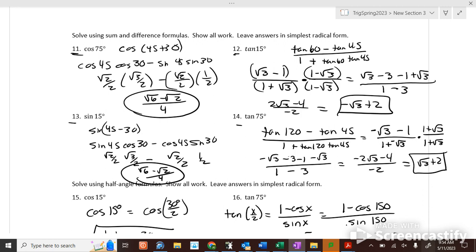Now, for the tangent of 15, instead of taking 45 minus 30, I suggest to take 60 minus 45. Why do I suggest to do 60s and 120s instead of 30s and 150s? Because at 30 degrees, the tangent of 30 is square root of 3 over 3.